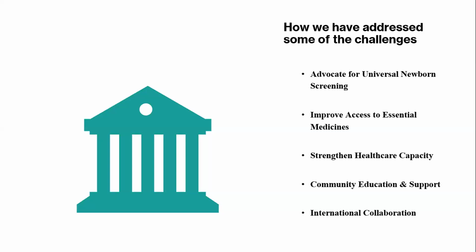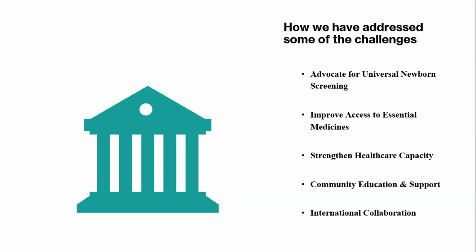And thirdly, strengthening healthcare capacity. We're trying to collaborate with doctors to train general practitioners and nurses in early CAH recognition and emergency management. I must say this is now at an advanced stage because the doctors themselves have been coming through, and we've been in communication with them, and there's been an improvement in how they handle CAH conditions in some hospitals, not all of them, although we try to make sure this goes through to all of them.